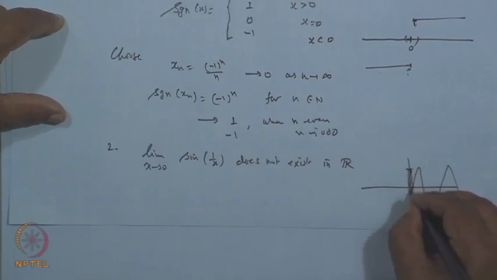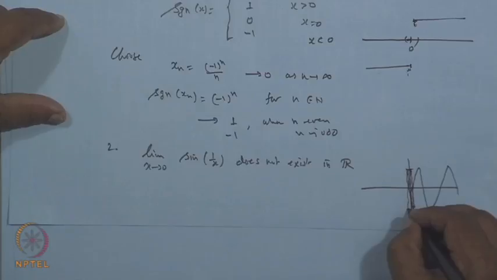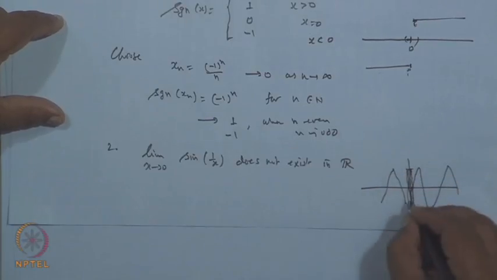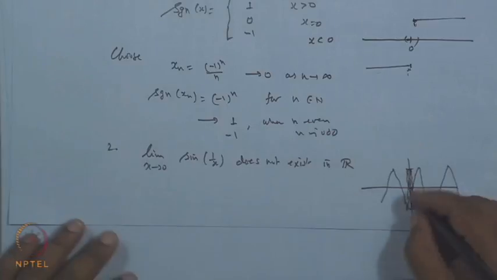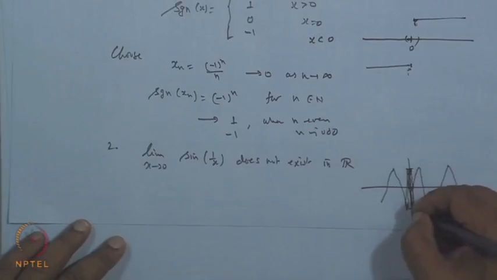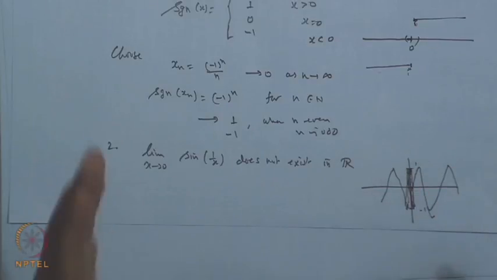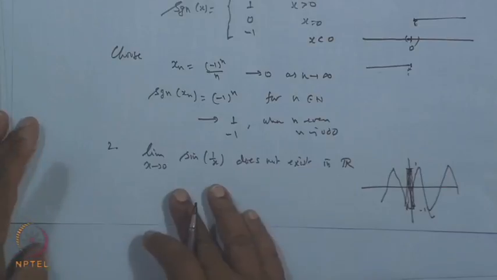Basically you are getting this thing like this and so on, which means nearby 0 it keeps on jumping, going up and down like this. So we get the fluctuation, and the fluctuation is very thick around the point 0.